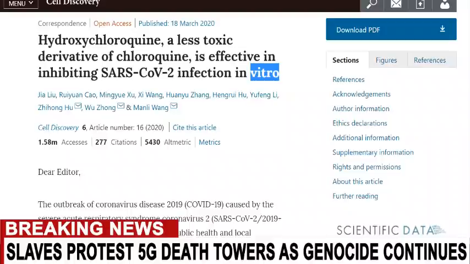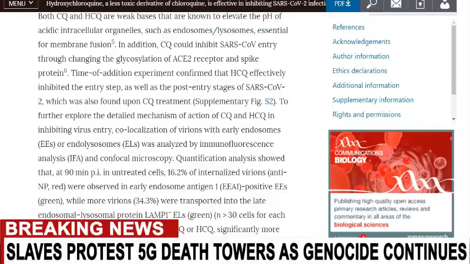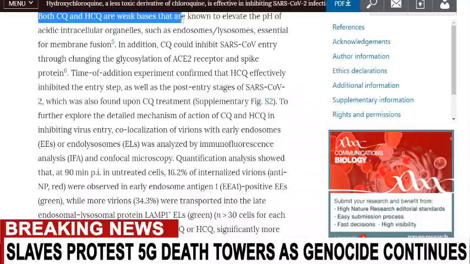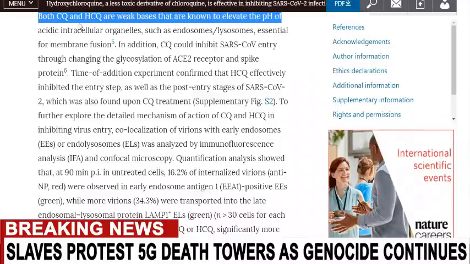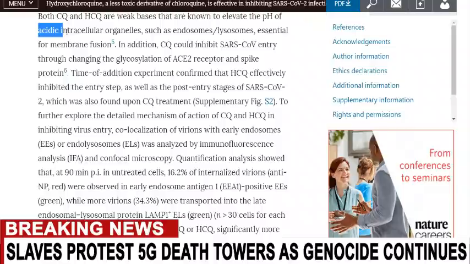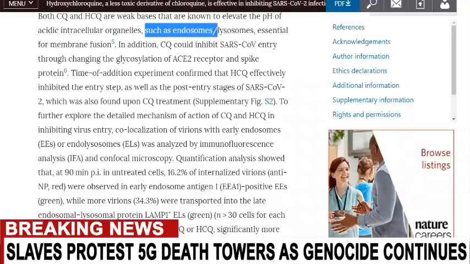This is Stranger Than Fiction News, broadcasting live. And here we are, another Nature publication. And in this article it says, both chloroquine and hydroxychloroquine are weak bases that are known to elevate the pH of acidic inside cellular organelles, like little organs in the cells, organelles such as endosomes and lysosomes, essential for membrane fusion.